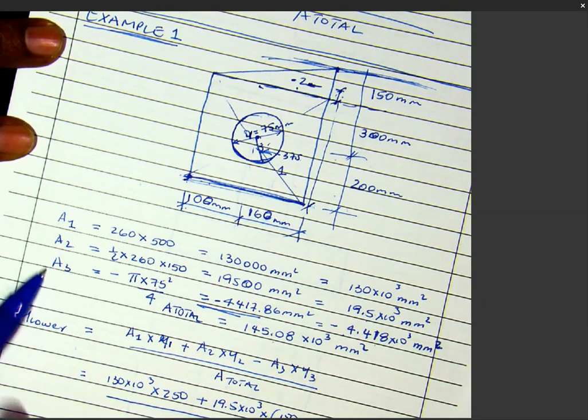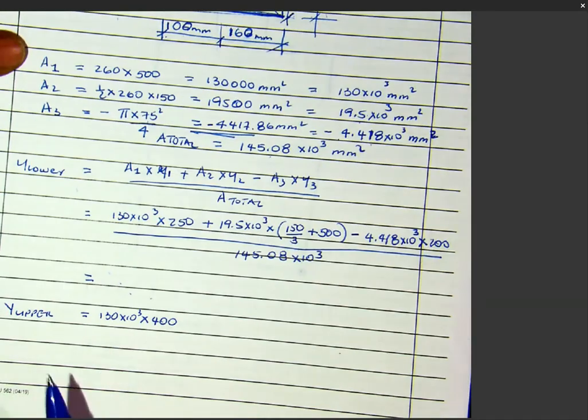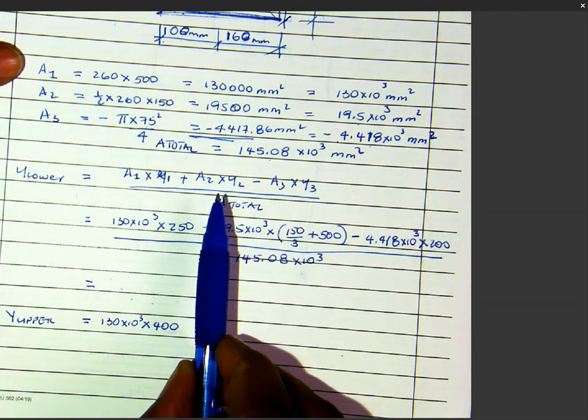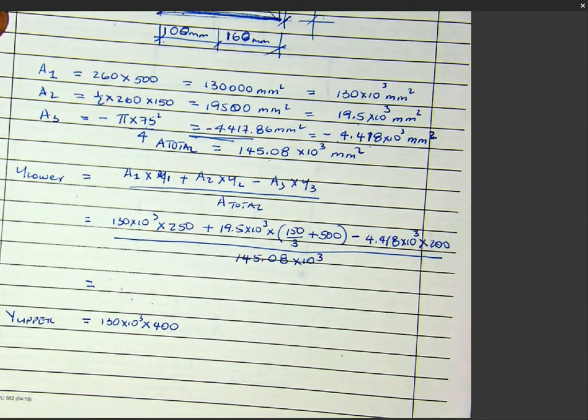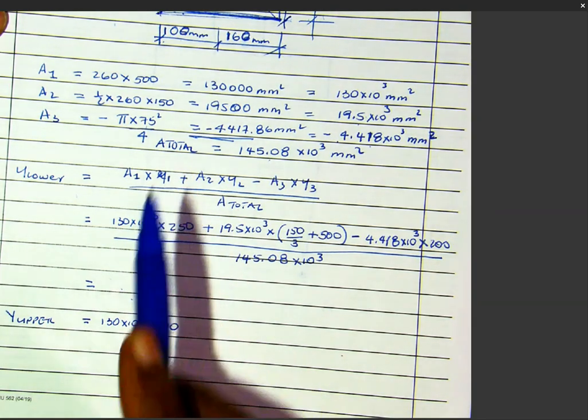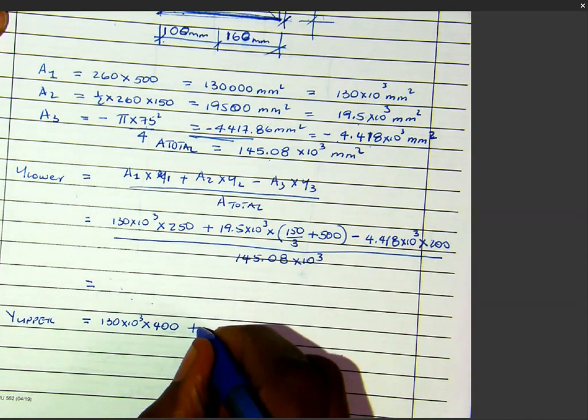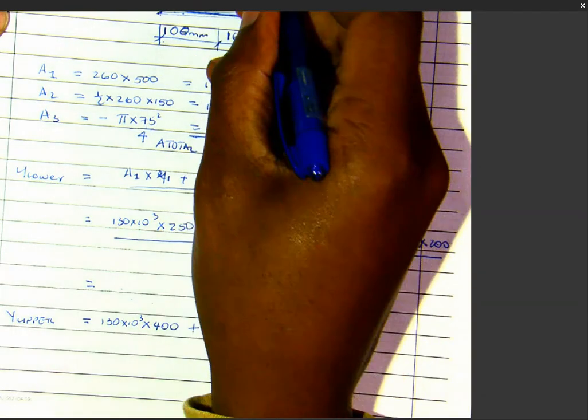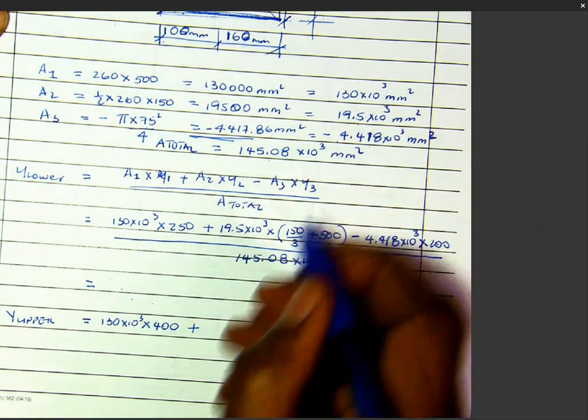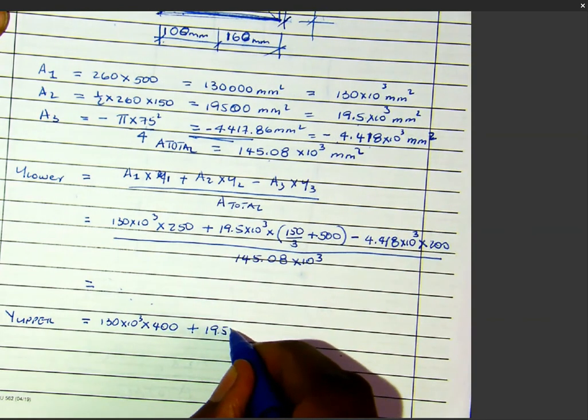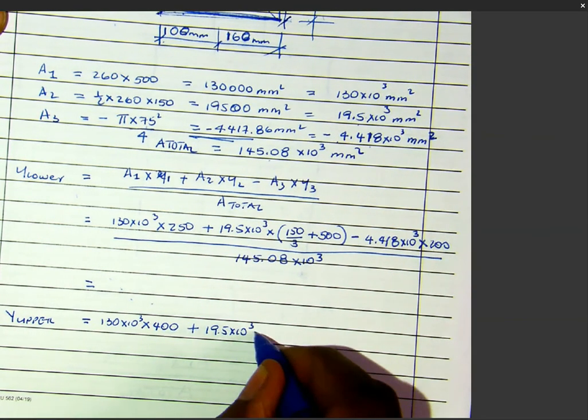So I'm using the same formula but coming from the top now. Same formula but coming from the top. Plus I go to area 2. Area 2 is this one. Area 2 is 19,5 times 10 to the power 3 times the distance.